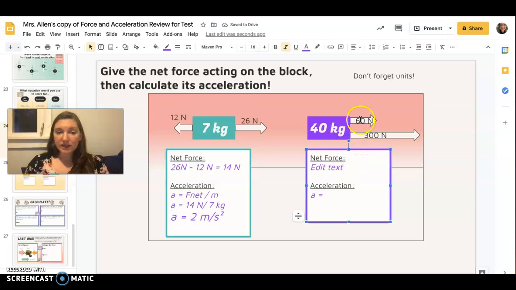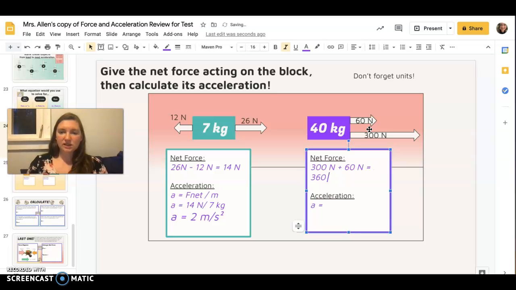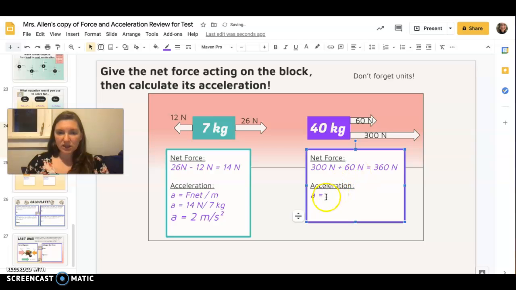So here, my net force. This one I subtracted because they were going in opposite directions, so they were canceling each other out. But this one, they are adding to each other. So I have a total of 300 newtons plus 60 newtons here equals 360 newtons. And my acceleration then is going to be this one.